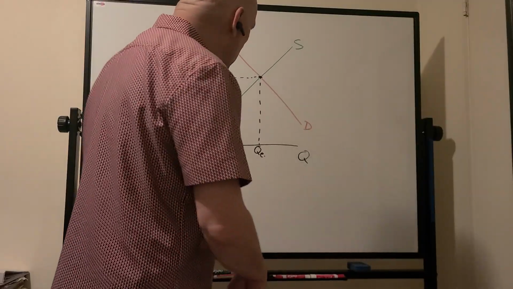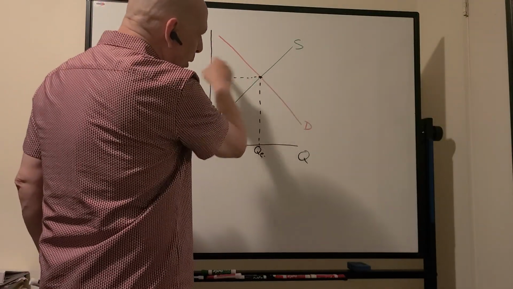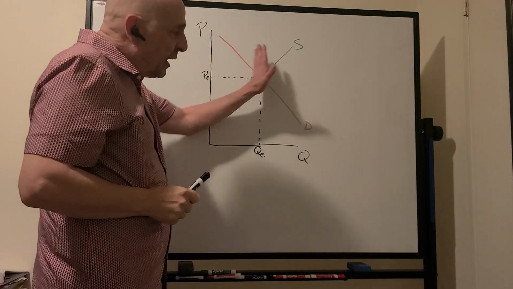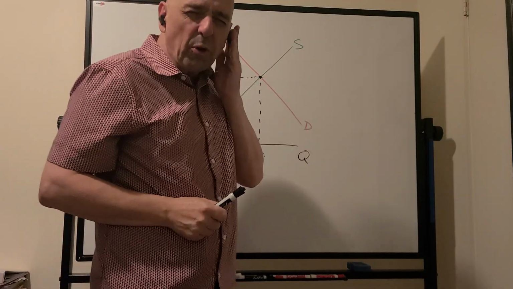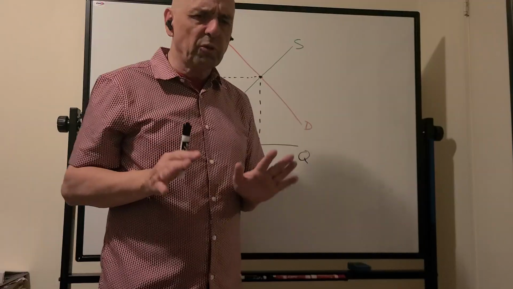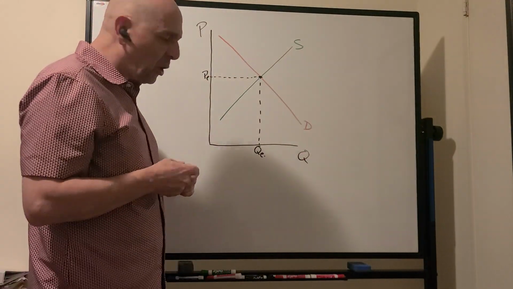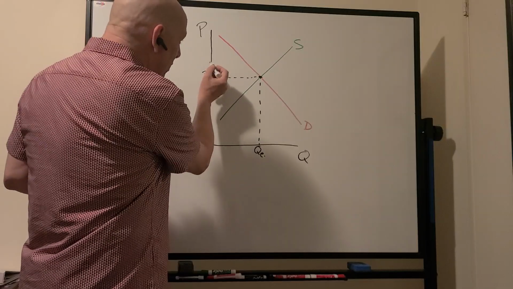We're not talking about up here, where the price is high and everybody wants to supply more, and so we've got a surplus of physical goods. This is where students can get a little confused sometimes, because we're using almost the same term to refer to different things.